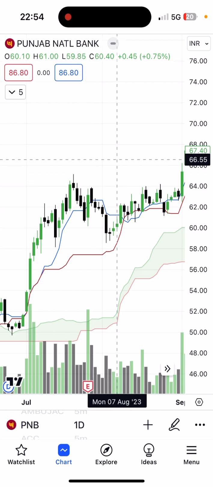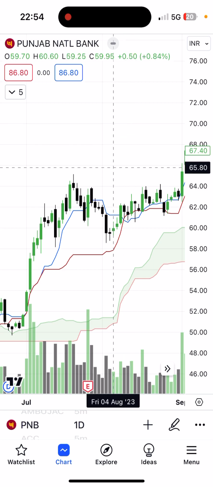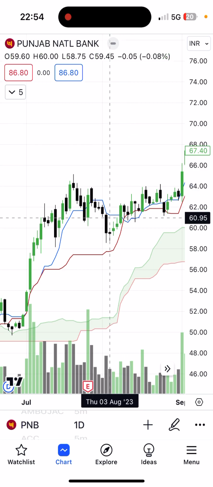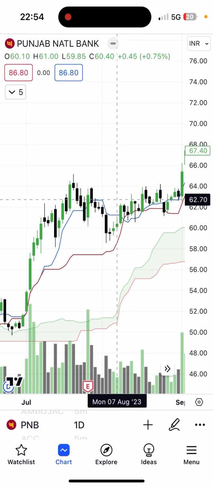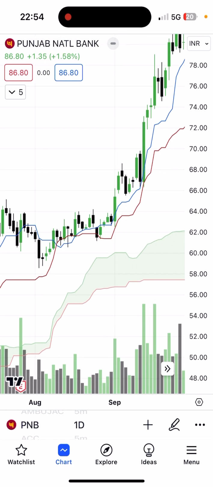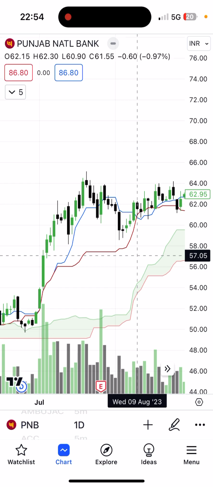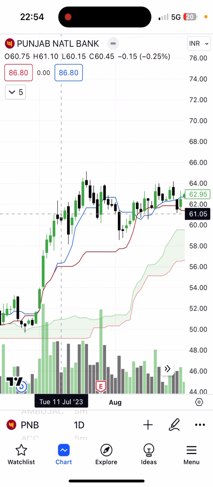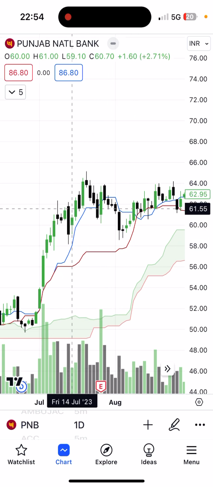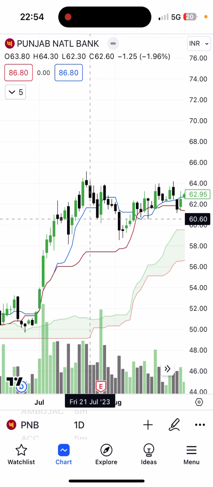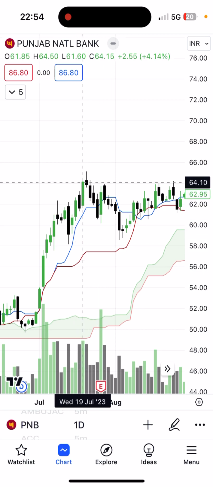And then again, if the price keeps on moving up, wait for the stock to form a C section again. So that is one strategy.